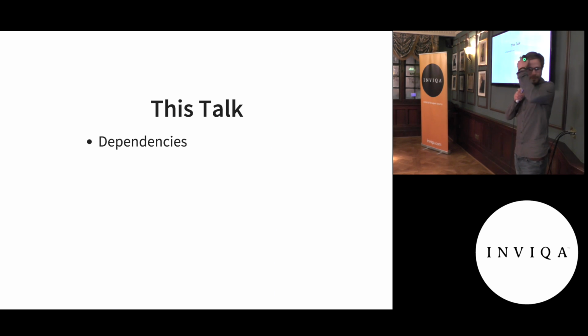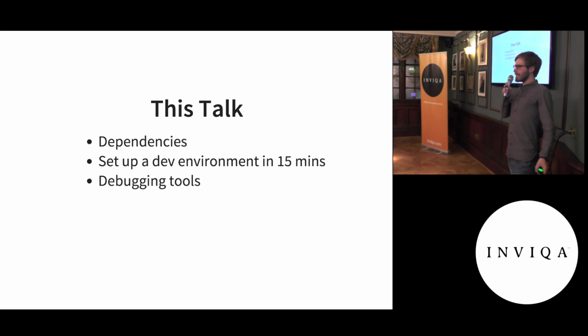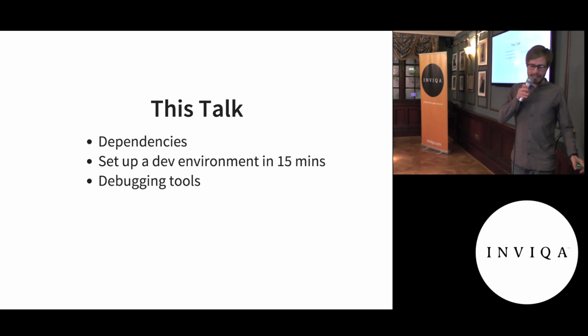So I'm first going to speak about the dependencies, Elasticsearch itself obviously, but then also a PHP client and the Symfony 2 bundle. We can set up a development environment within 15 minutes. I tested it, it's actually 15 minutes. Some debugging tools that I found very helpful, in particular working with Elasticsearch. You might know some of them already.